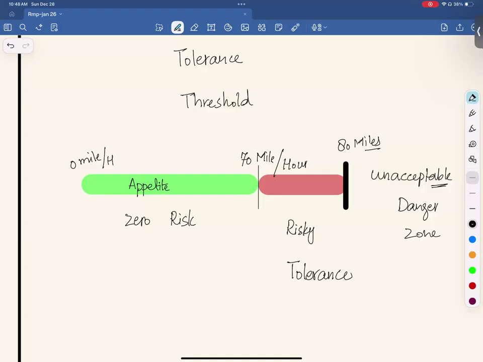Now, this 80 miles varies from person to person. Maybe I'm a good driver and I could say, even if I cross 100, no problem. And maybe for somebody who has just started driving, 60 is the red line. So this is why we need to understand these ranges for different stakeholders.